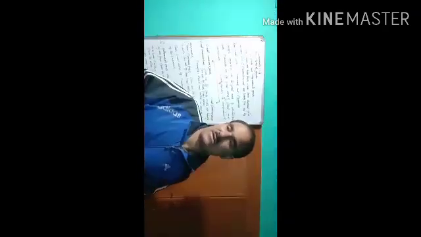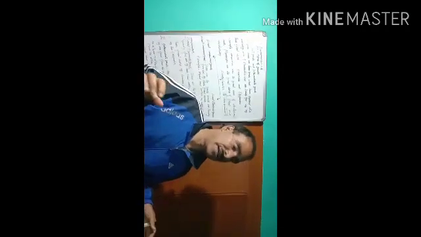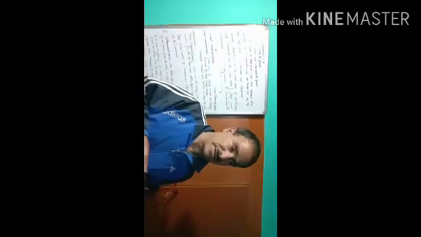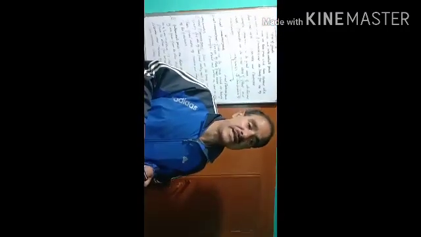When we say goods, there is a consumer, there is a producer. When a producer produces a commodity, then a consumer can consume it. Now, what are final consumer goods? Those goods which the consumer consumes directly.